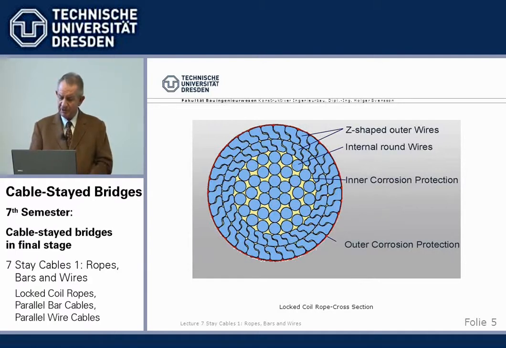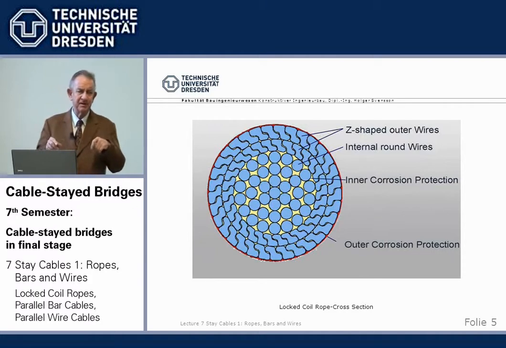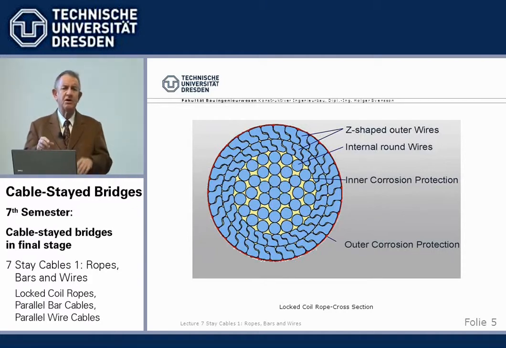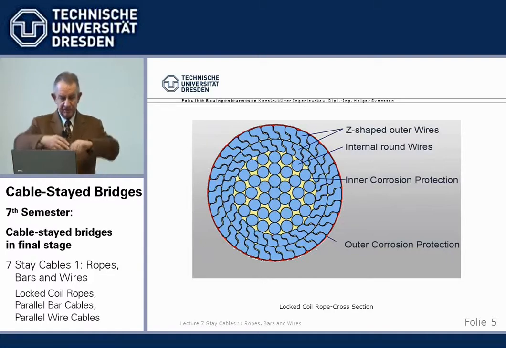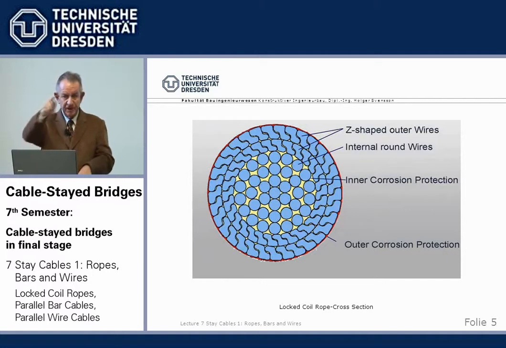But in Germany there is a long tradition because these cables were originally used for winder machines, elevators going up and down in, say, coal mines. There was a big demand for this type of cable because they are helical, so they can be bent rather closely. So they can be used on winder machines or elevator cables going up and down.